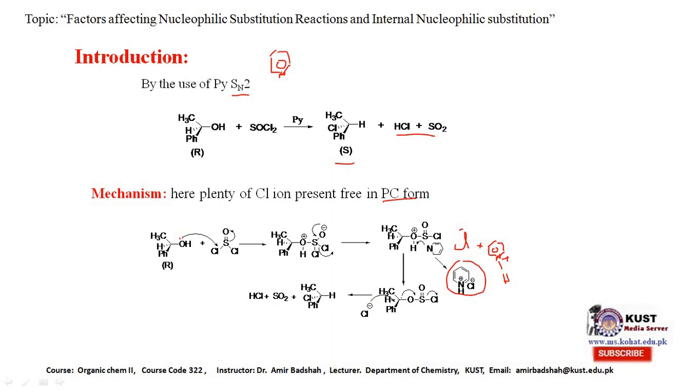And by attack from the back side, we get this species whose configuration is different from the starting material. The starting material has configuration R and it has configuration S. So in this case, the mechanism is not SNi. The mechanism is SN2, because here the attack is taking place from the back side.